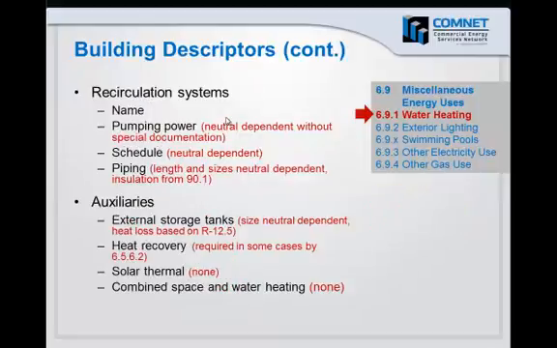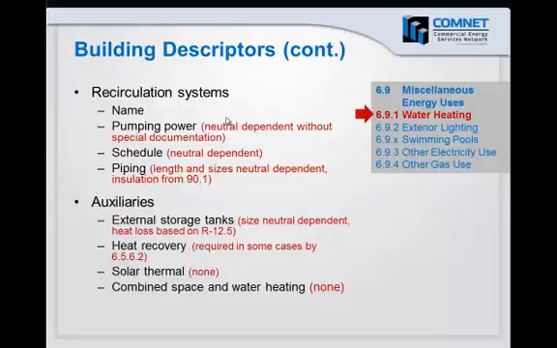There are some other building descriptors that go with water heating, having to do with the recirculation system and auxiliaries. For the recirculating system, the building descriptors are the name, the pumping power, the schedule, and the piping configuration. Most of these are neutral dependent, which means they're the same between the rated building and the baseline.